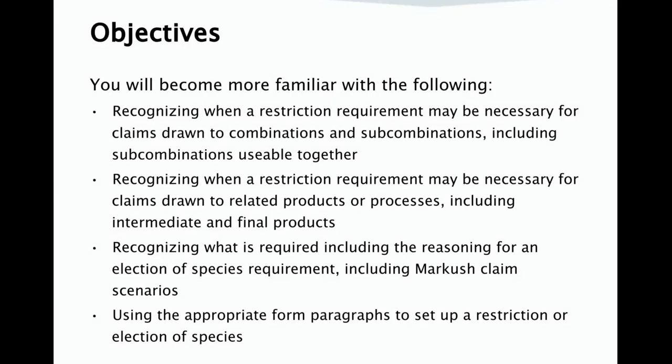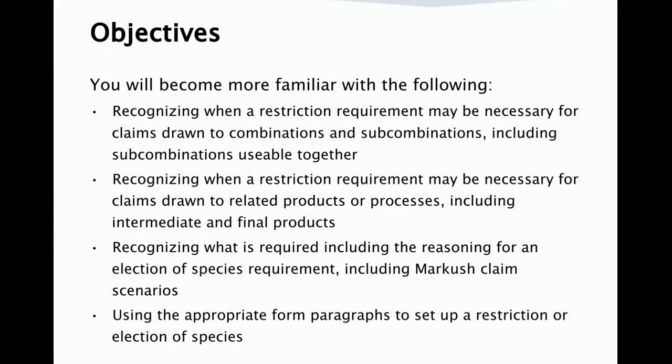The main topics we will cover are understanding why a restriction should be made between combinations and sub-combinations usable together, and related products or processes including intermediate and final products. We will also cover how to identify, understand, and handle applications involving genus and/or species inventions, including Markush claims.